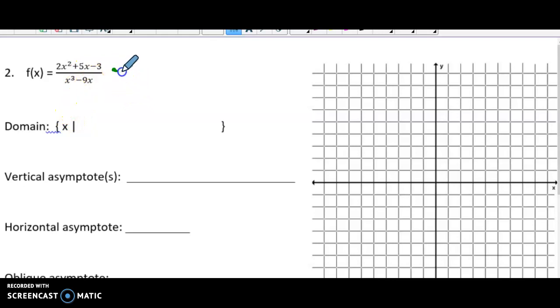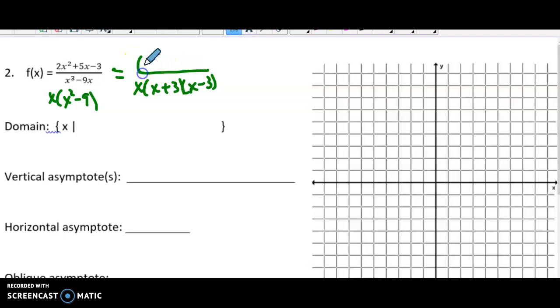Again, I'm going to factor some things here. The bottom factors, I could take an x out, and then it's x squared minus 9. So it looks like I have x, and then (x plus 3)(x minus 3).